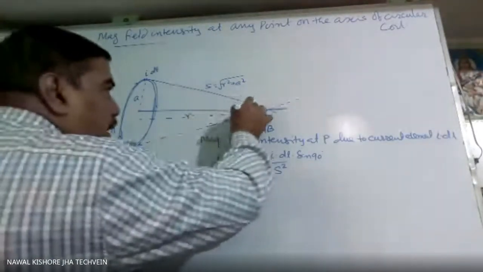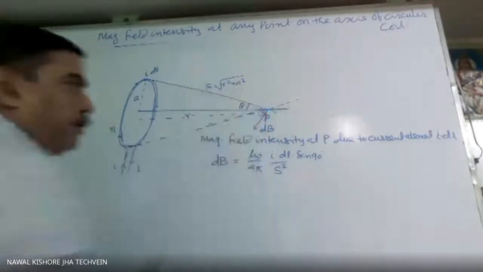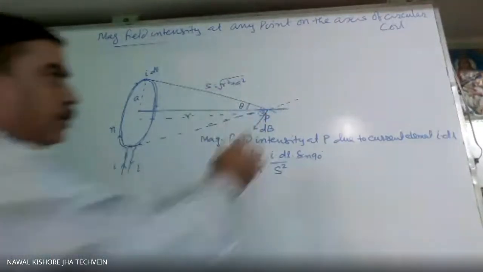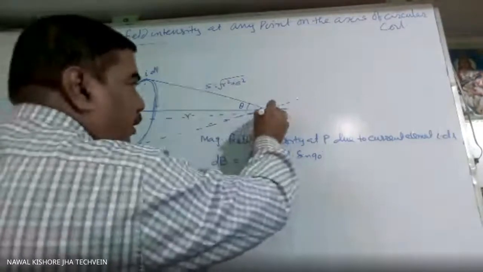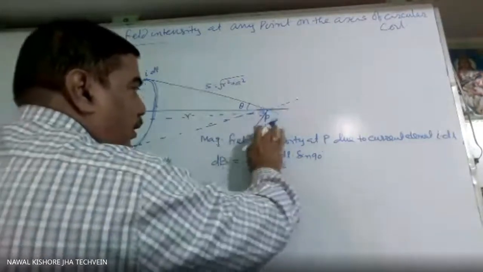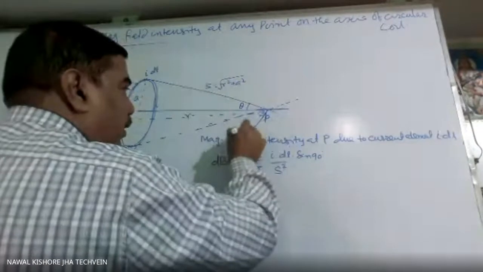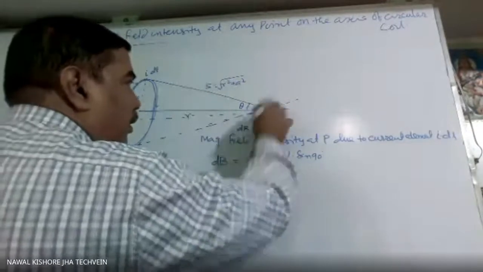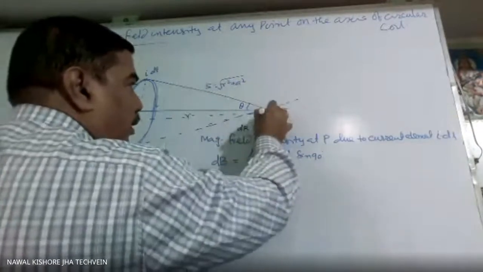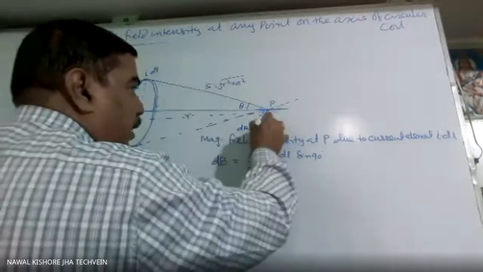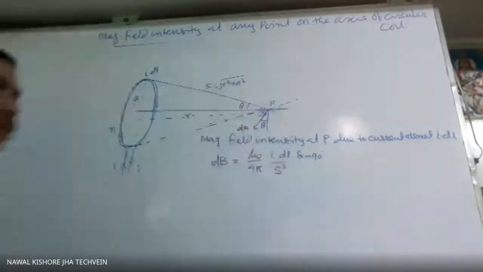If this angle is theta, then this angle will also be theta. Is there any confusion?